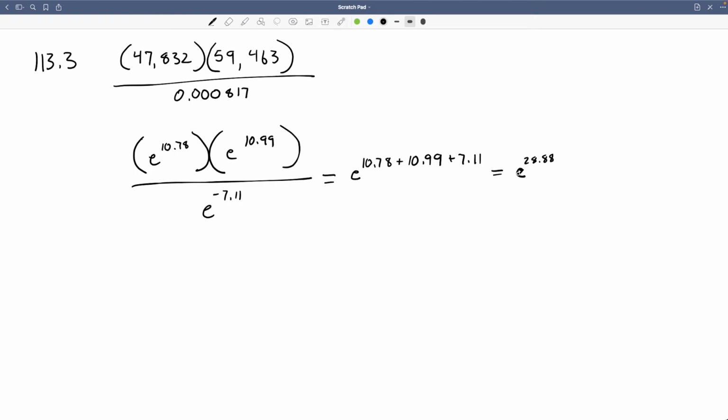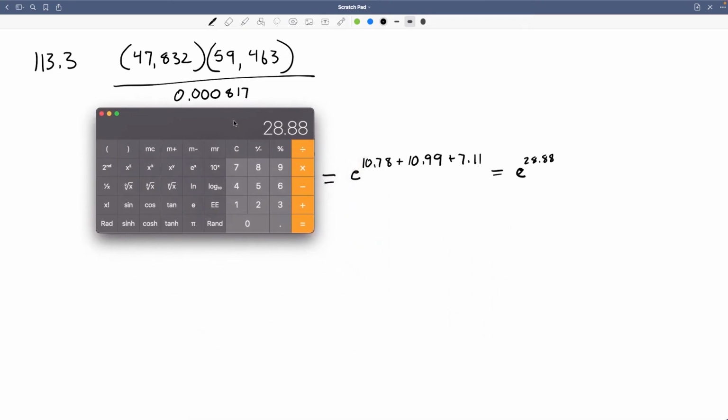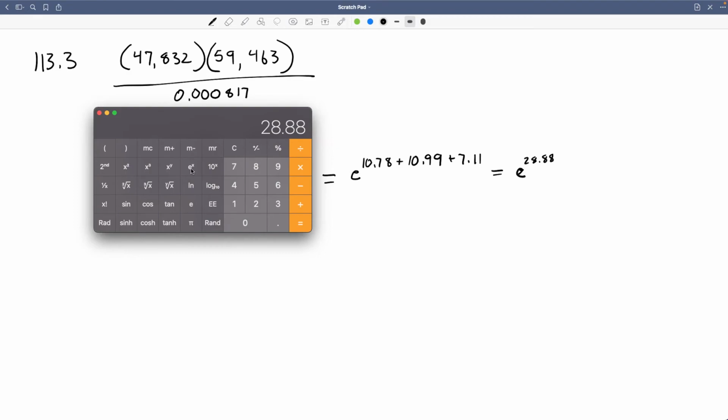So we'll find the anti-logarithm of 28.88 by using the inverse key for LN. So all we have to do is take this number, and now we just press this key here, the e to the x. And then we do the same thing we did before. We count all the way till we have ones place only.